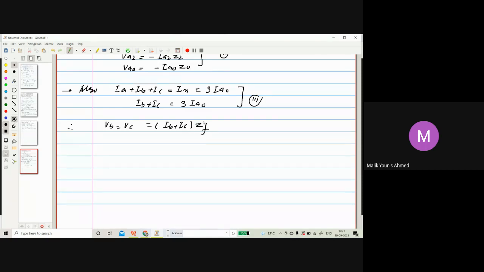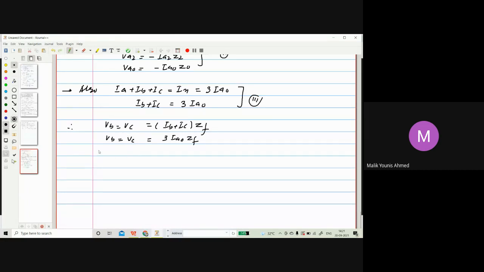This is equation 1. Now, what is the value of IB plus IC from the above equation? 3 I naught, so we can write it. VB will be equal to VC will be equal to 3 I naught ZF.